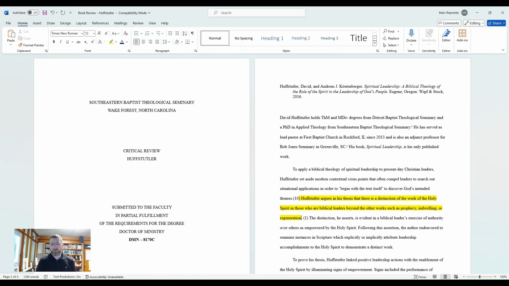I want to walk you through the different elements of a critical book review. These are not difficult, but you have to be focused. As you're reading a book, you have to be asking the right questions, because you want to answer the questions necessary for this type of review.